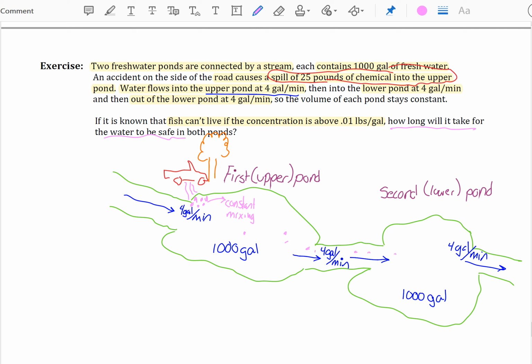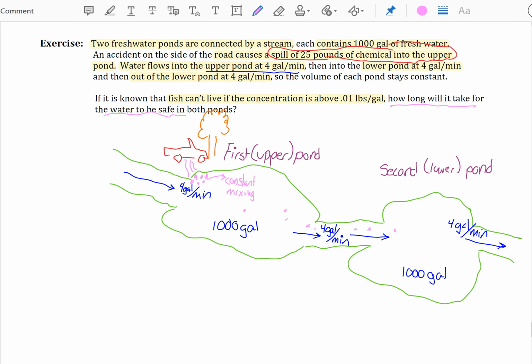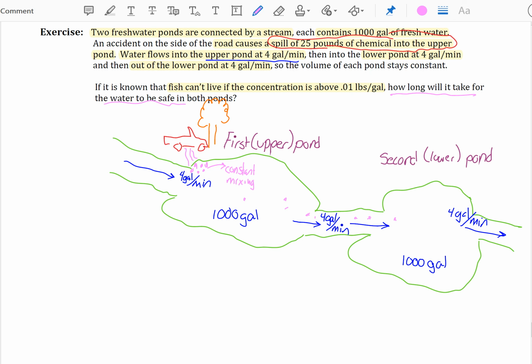So what happens in the first pond, the upper one, directly affects the second pond. But what happens in the second pond does not affect the first one, since water flows in one direction. I'm thinking about this because I want to think about which order I should solve this problem. And I think what I would like to do is focus on the upper pond first.